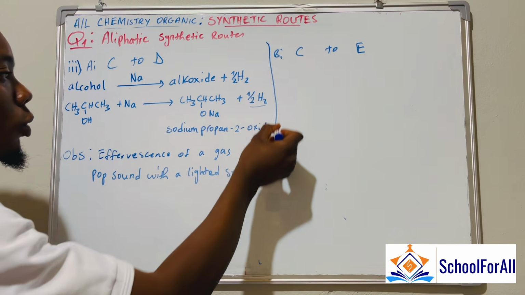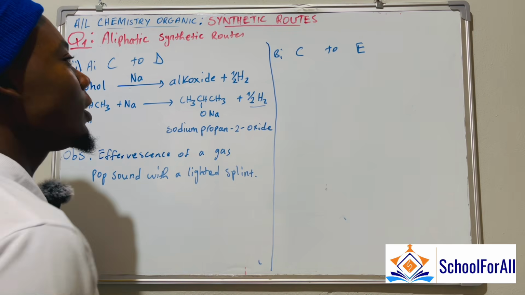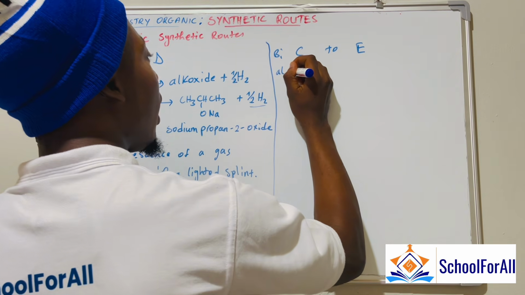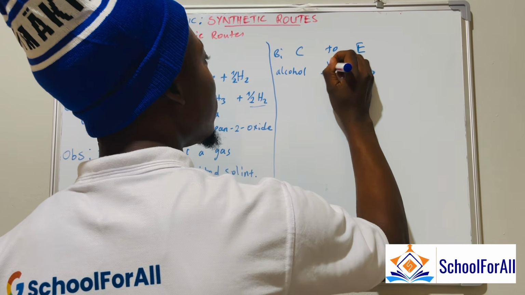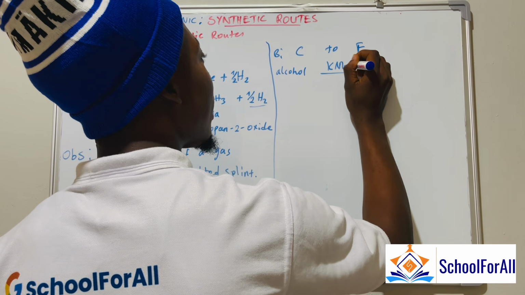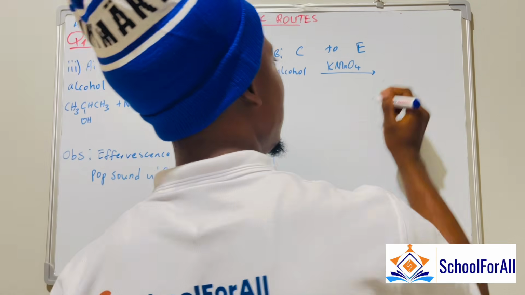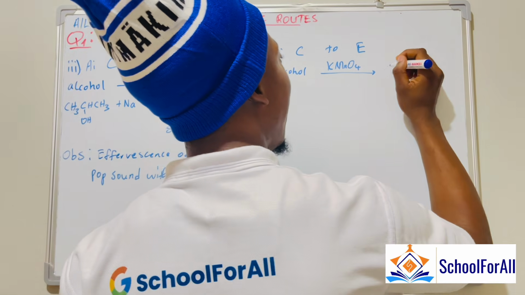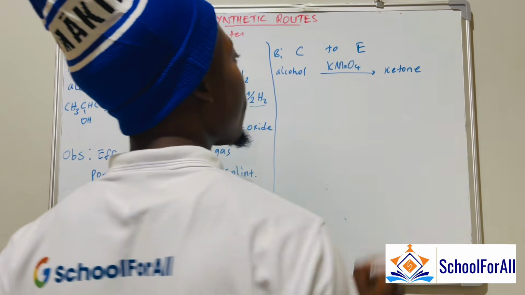Now, if you go to the conversion of C to E, in C we have an alcohol, and we are adding potassium permanganate, which is acidified, to form a ketone.